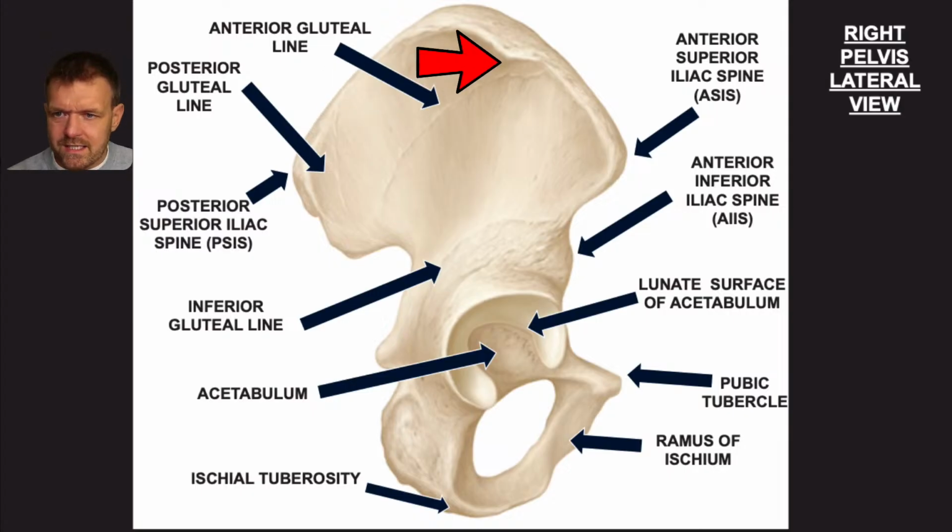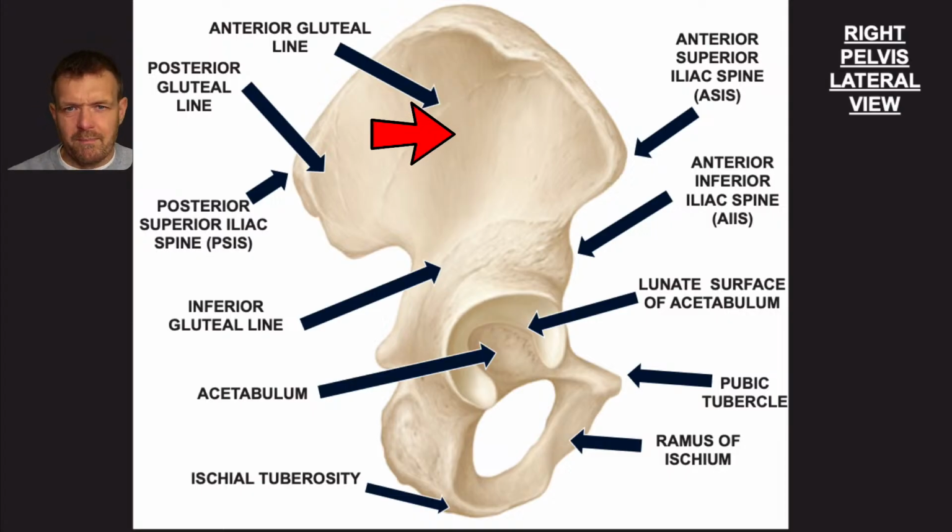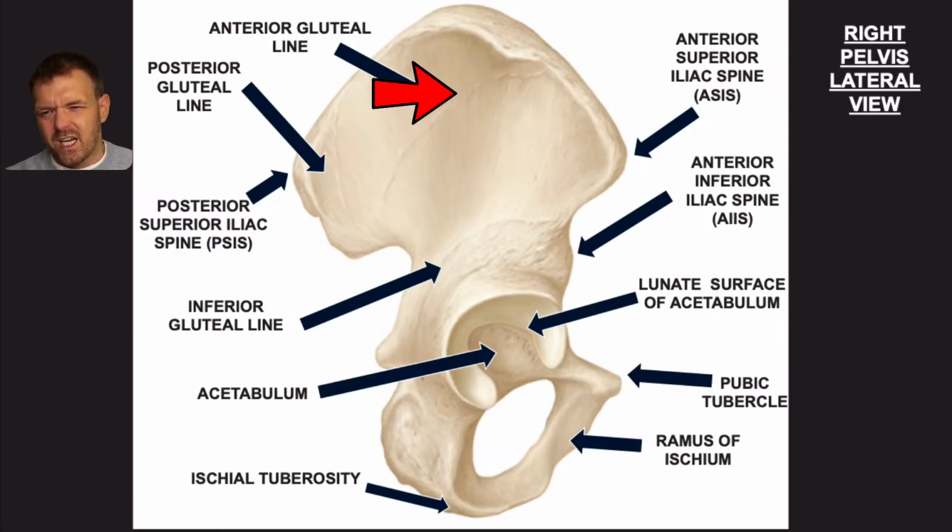Okay, so can you see these lines here? There's an anterior gluteal line just there. There's a posterior gluteal line just there. These are really common hotspots, yeah, where people are sensitive all around this area here. And if you do manual therapy, pushing into people's muscles around the hip and the pelvis, quite often these are the areas that are tender.